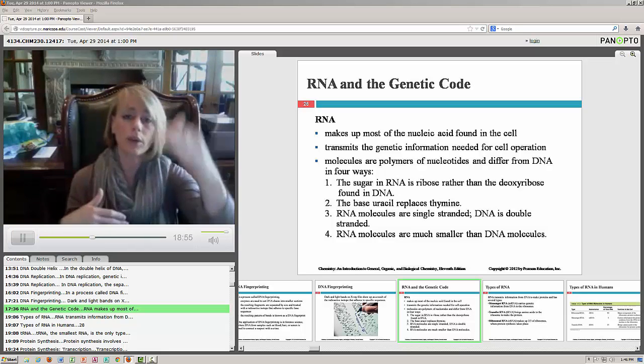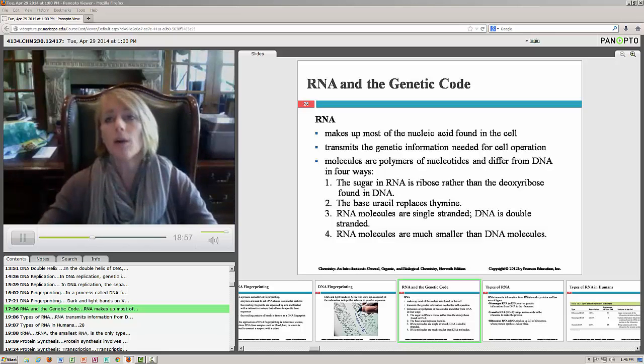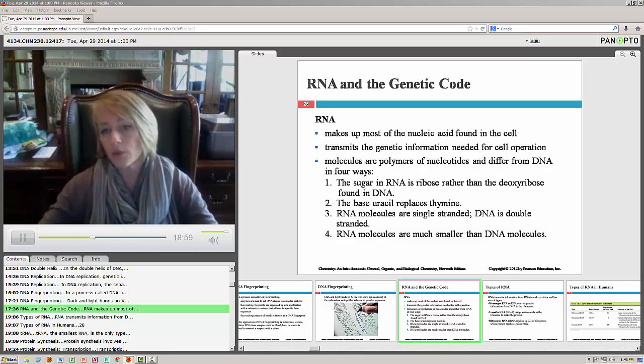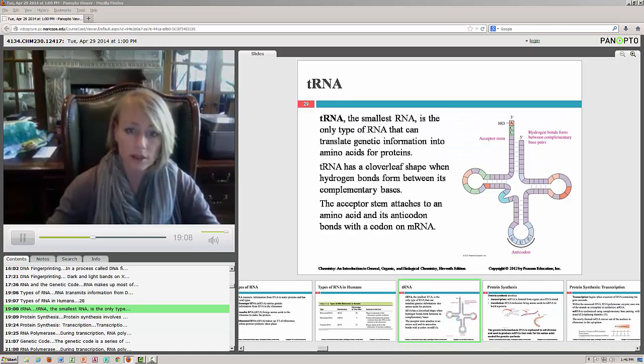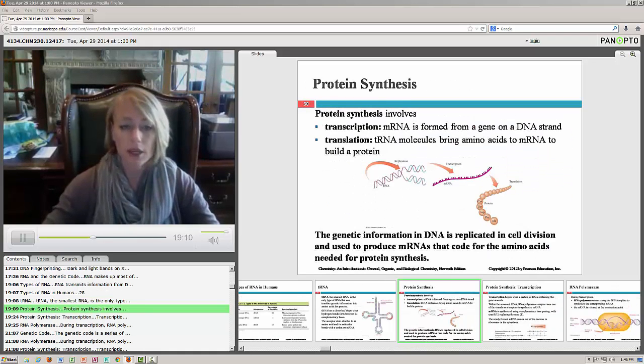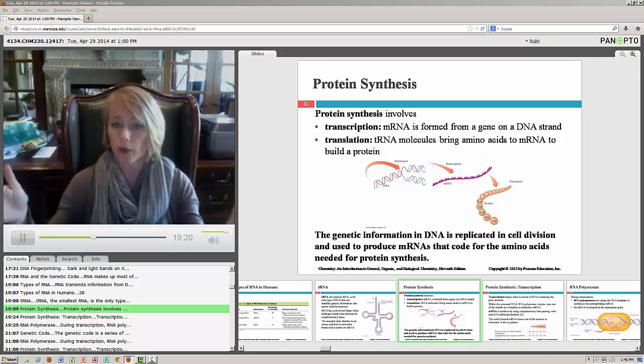In doing that, going from DNA to RNA, we have to note that the bases will change from T's to U's. Whenever we're going to have protein being synthesized, we're going to have a message transcribed within the nucleus right next to the DNA where the gene has been opened up.